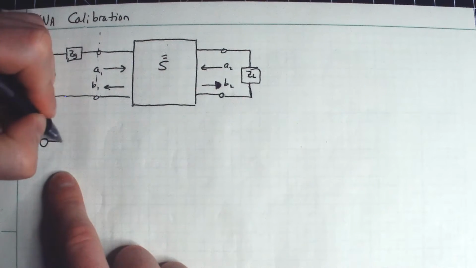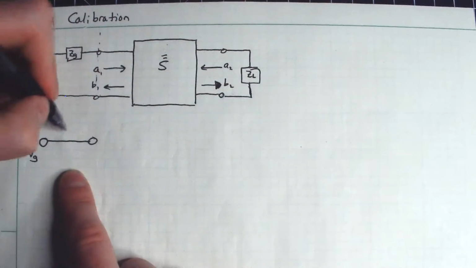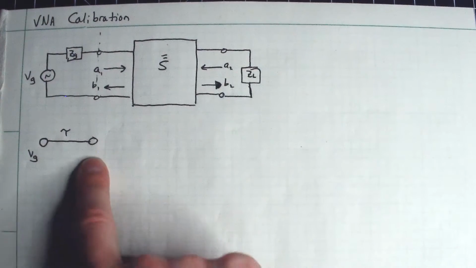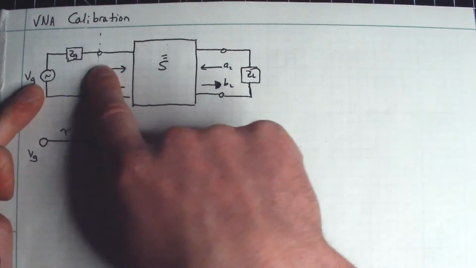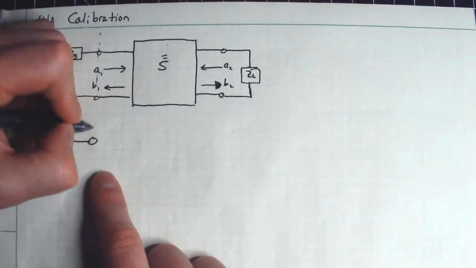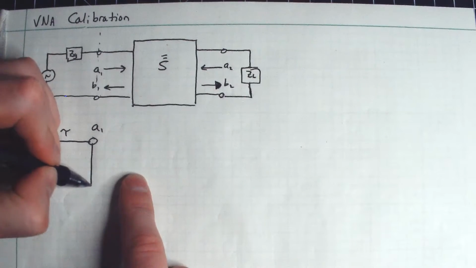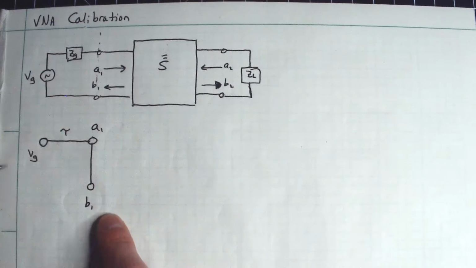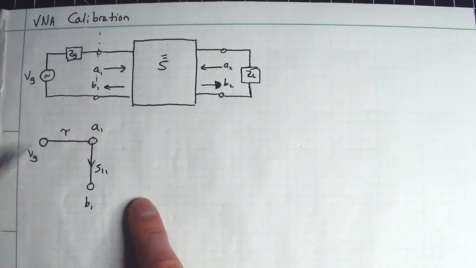We start with a node. I'm just going to call this V sub G here, and maybe there's some transmission coefficient associated with the transmission from this signal generator into this forward propagating voltage. So that will be A1 here. And then of course, I'm going to have another node here, B sub 1. So there's a reflection that feeds into it, S11.